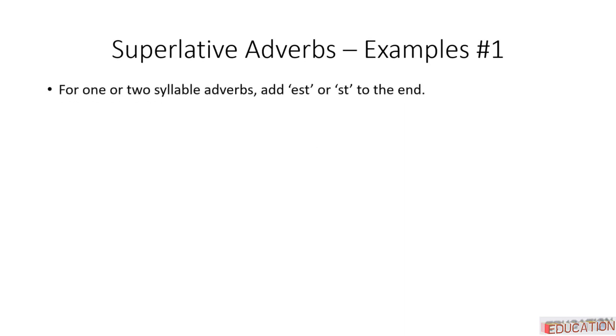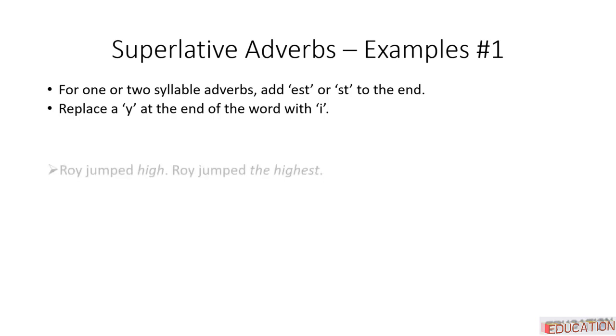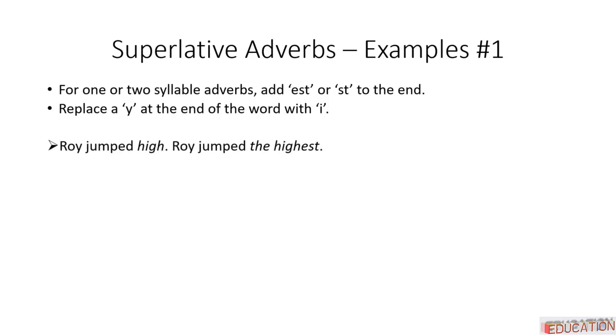For short adverbs with only one or two syllables, add est or st to the end. And if there's a y at the end, we replace that with an i before adding est. Roy jumped high, or Roy jumped the highest.